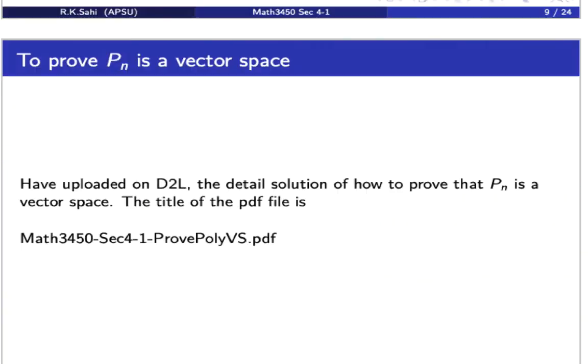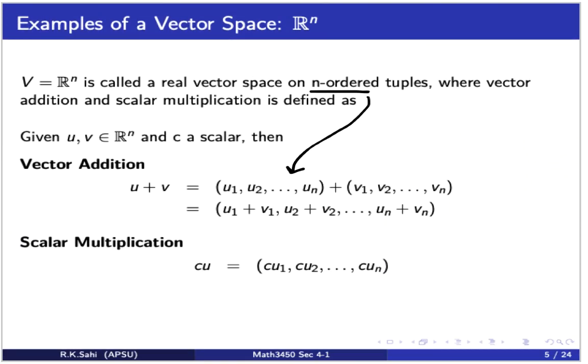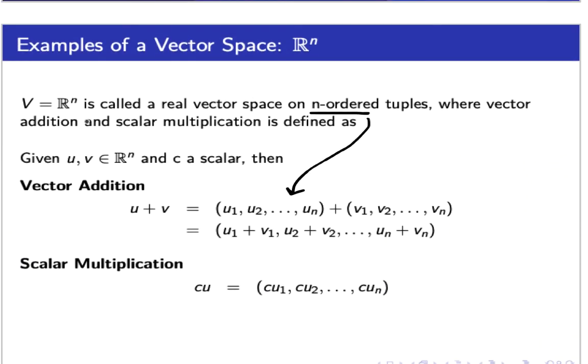Let me show it to you again. If R squared is a vector space, this is normal addition and this is the normal scalar multiplication. Because if U is a vector in Rn, this is how U looks like.